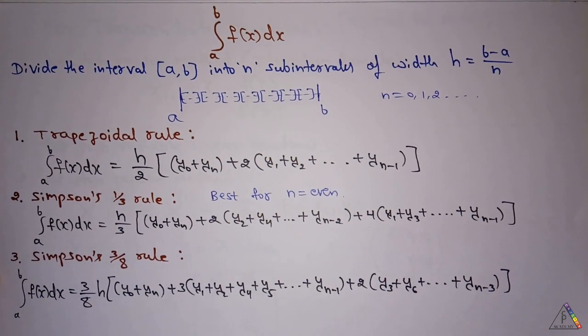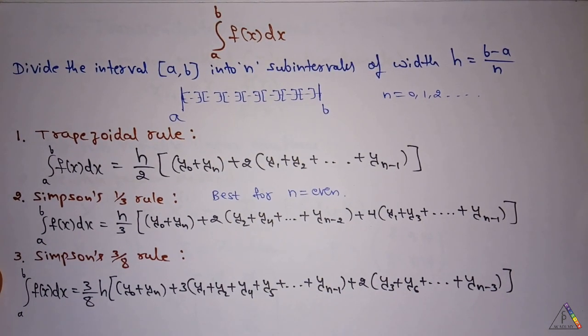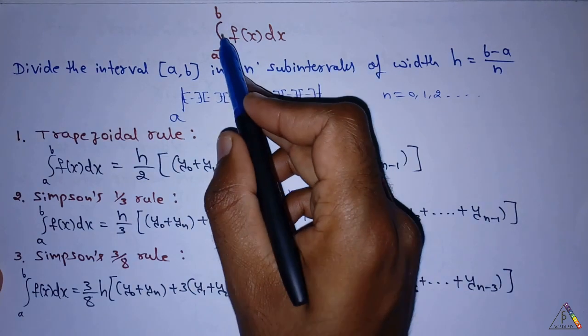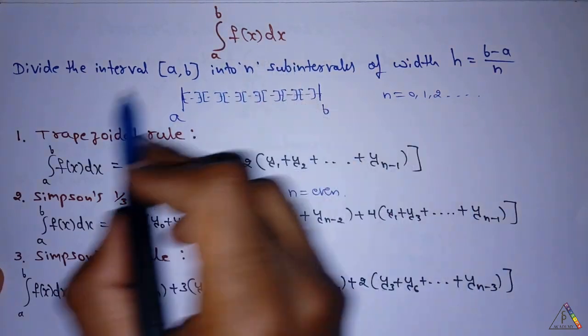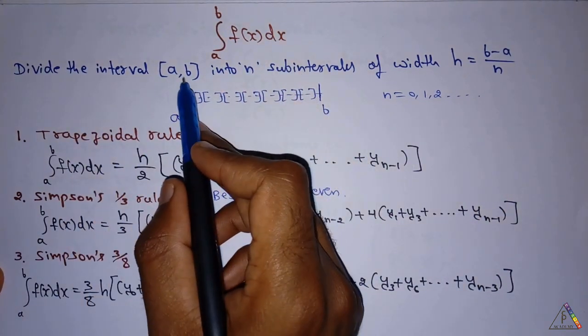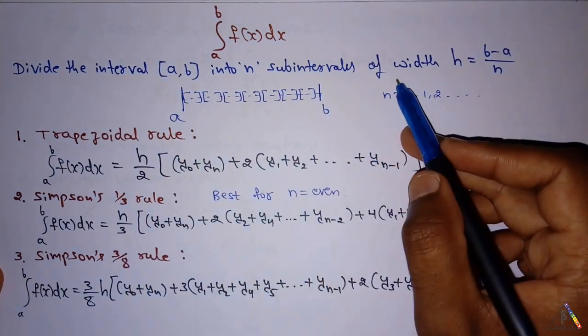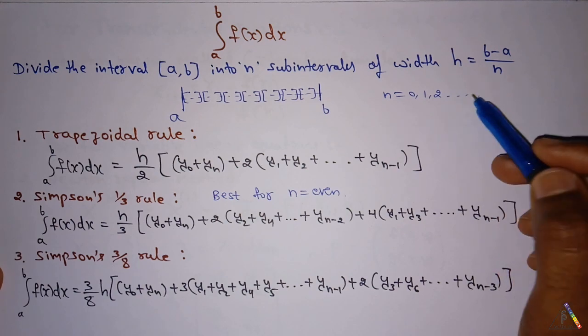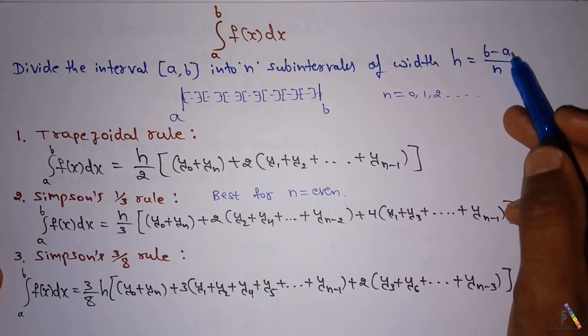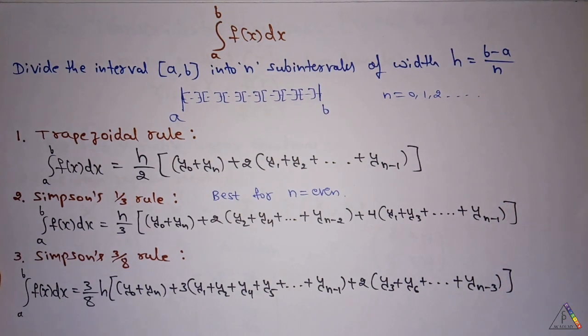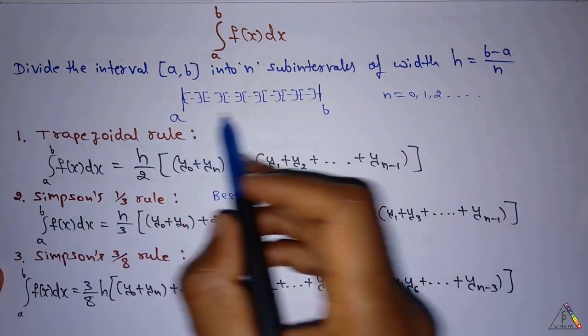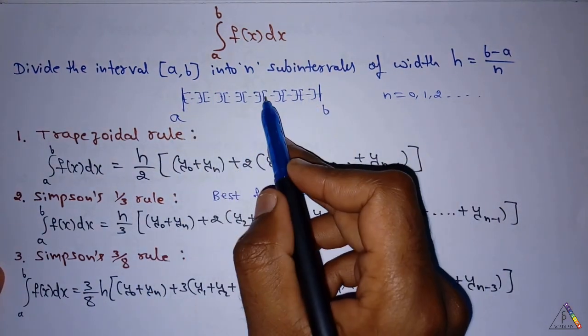Next, to find the value of the integral from a to b of f of x dx, we divide the interval ab into n number of subintervals of width h equals (b minus a) by n. Here we have divided the interval into n number of subintervals.